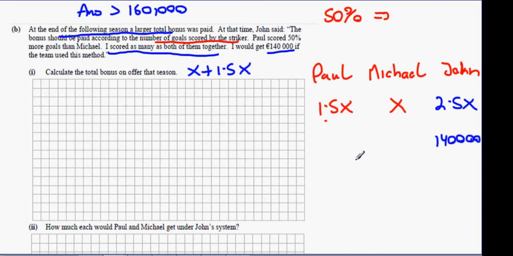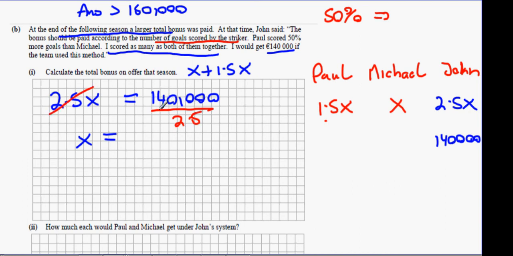Would you agree with that? John scores 2.5x goals. His 2.5x goals is worth 140,000. How much is x goals worth on its own? Divide it by, anybody? And what do you get? 56,000.